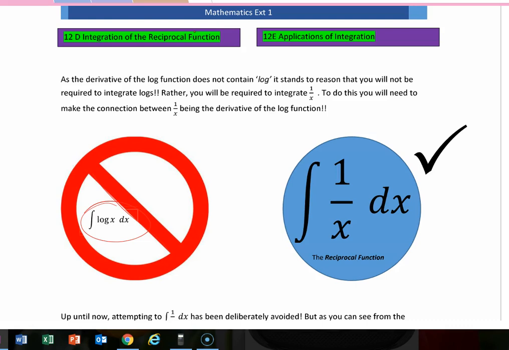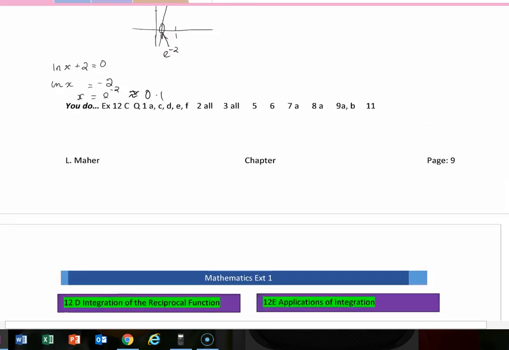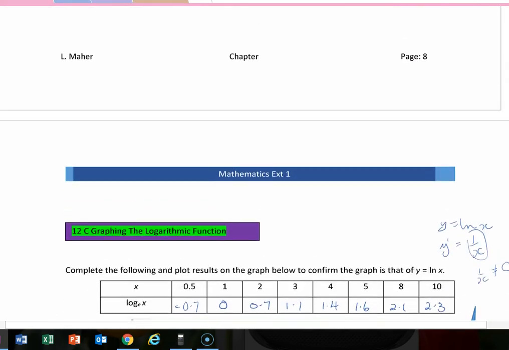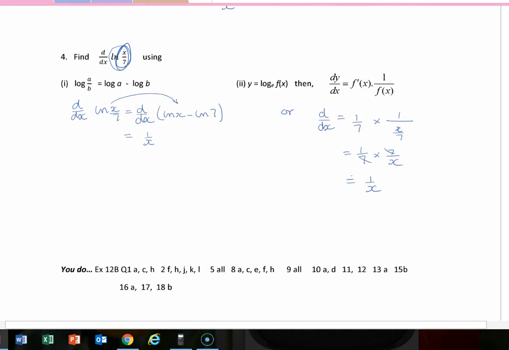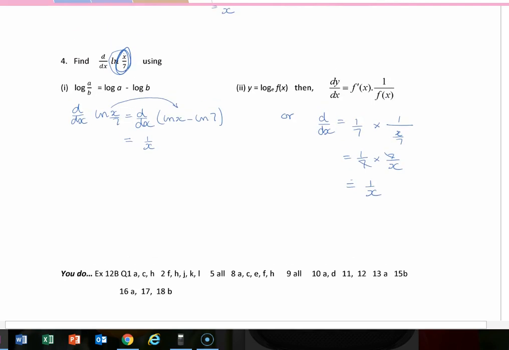Okay, so you might remember, or if I just flip back to before that, back to here, if we actually have a look at some of the answers to differentiating. So differentiating A on B, we're differentiating the log of x on 7, differentiating the log, then you end up with this 1 on x.